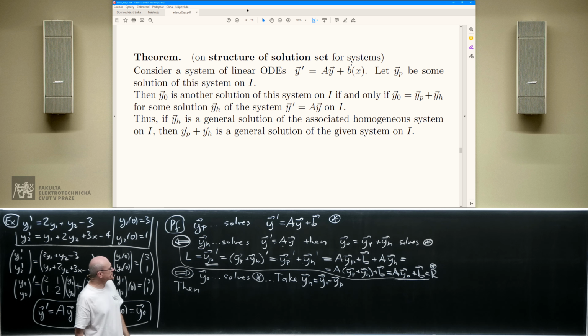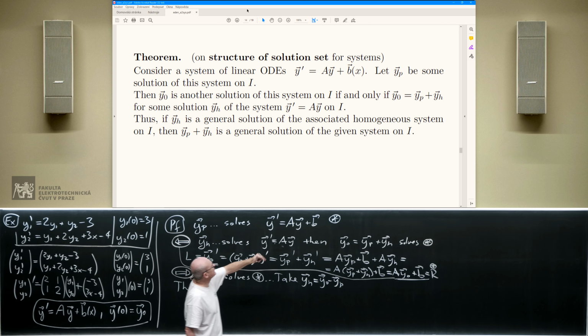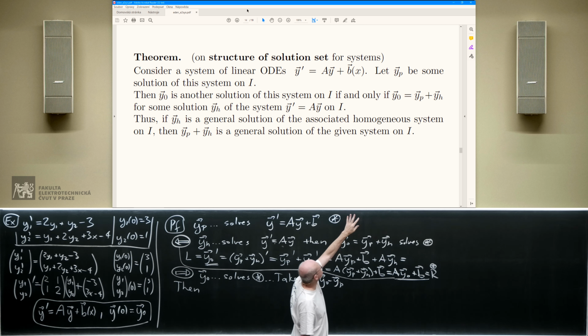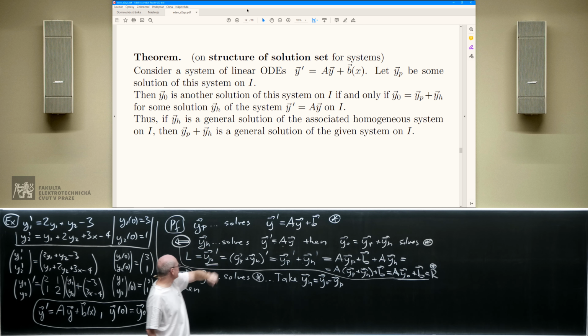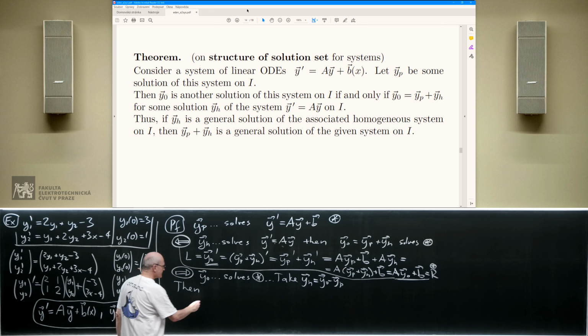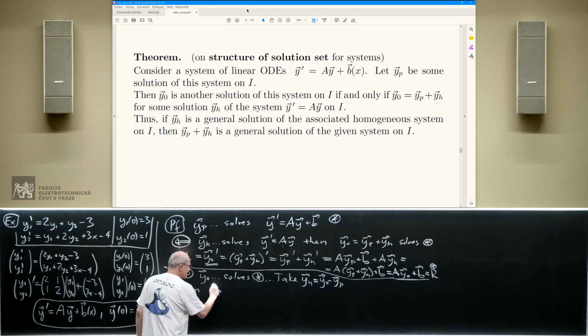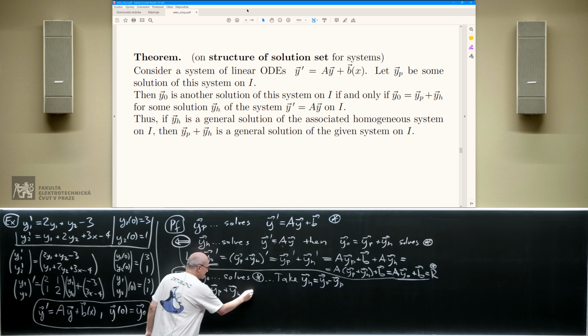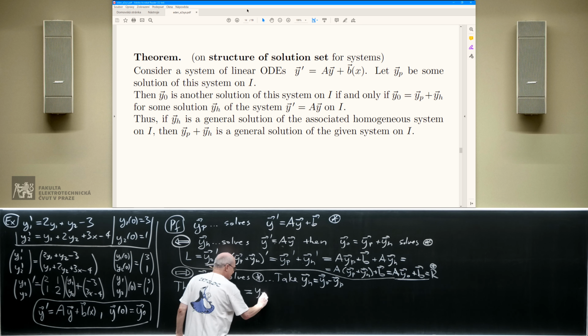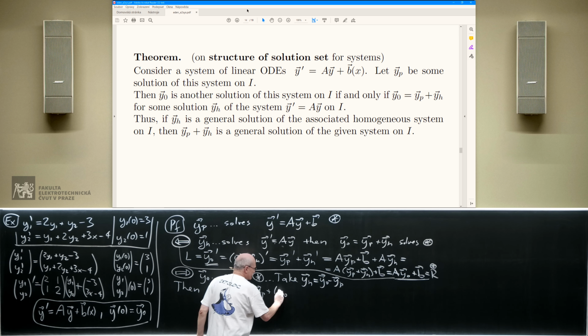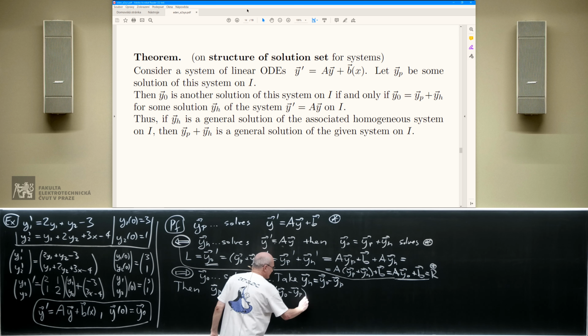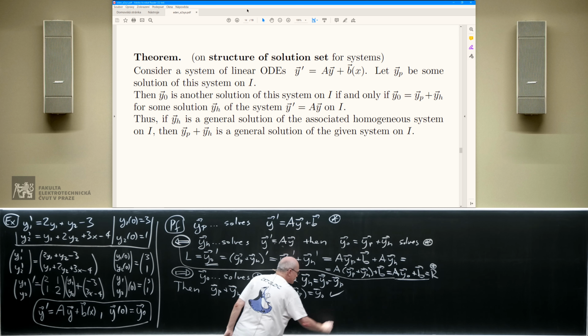Well, this yh should do two jobs for me. The first job is that when I put together yp and yh, it should provide me with this y naught. Well, let's see. Yp plus yh is nothing else but yp plus y naught minus yp, which is y naught. Check.